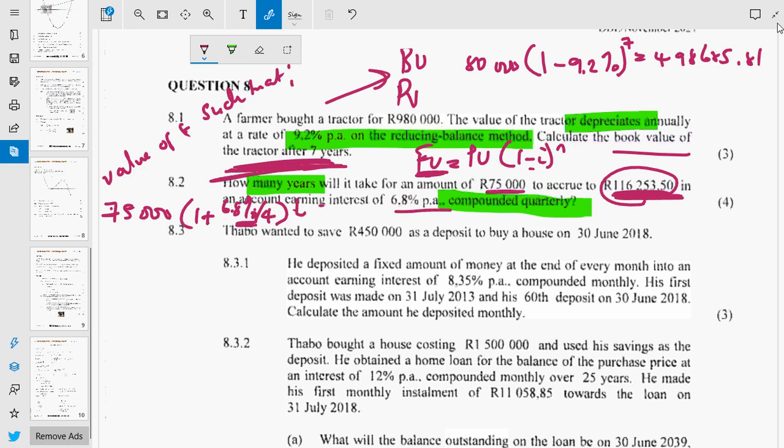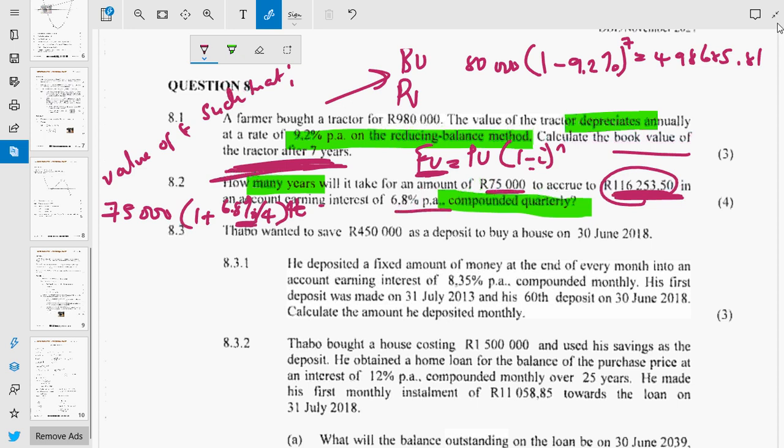If I only put t here, the final answer I'm going to get will be in terms of quarters. But if I put 4t here, the final answer I'm going to get will be in terms of quarters, but t will be years.